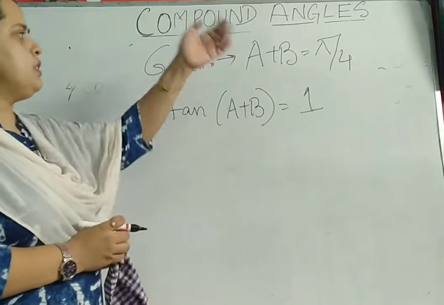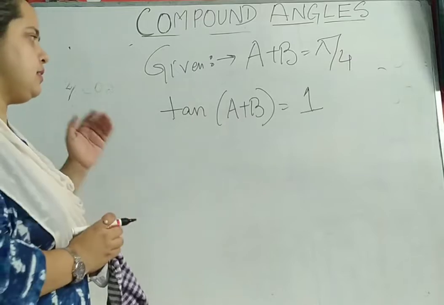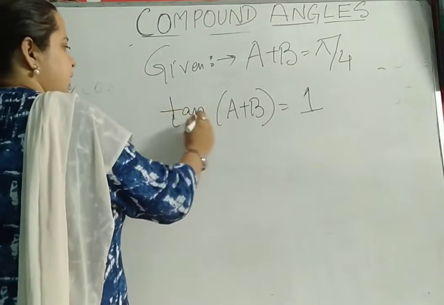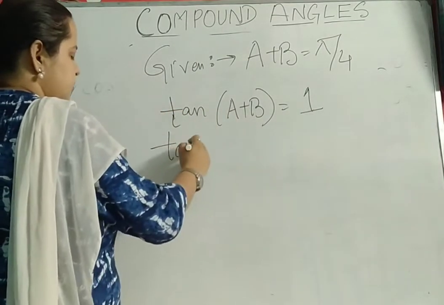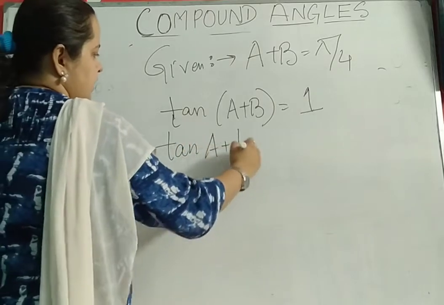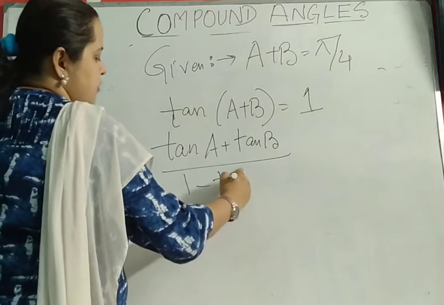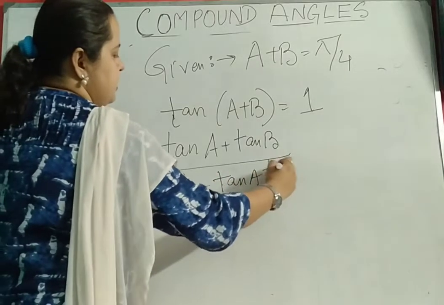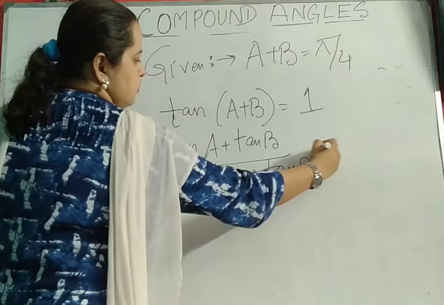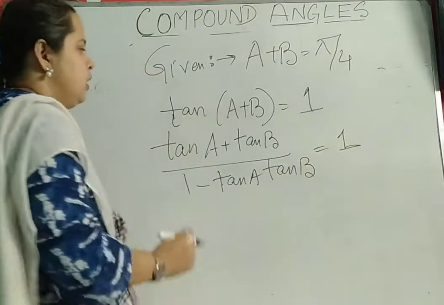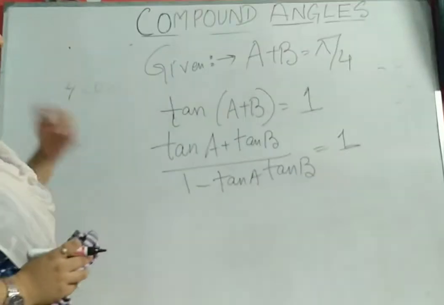So tan of a plus b is equal to tan of pi by 4. Tan a plus b can be written as, this is a formula, I'm just writing down, tan a plus tan b by 1 minus tan a tan b.